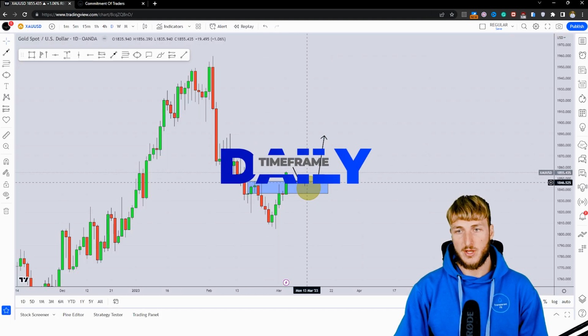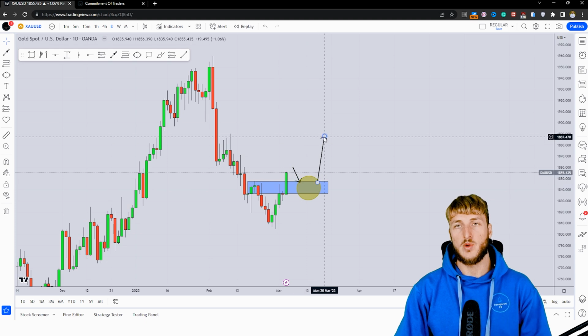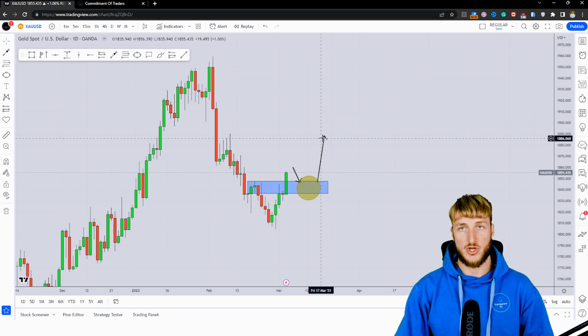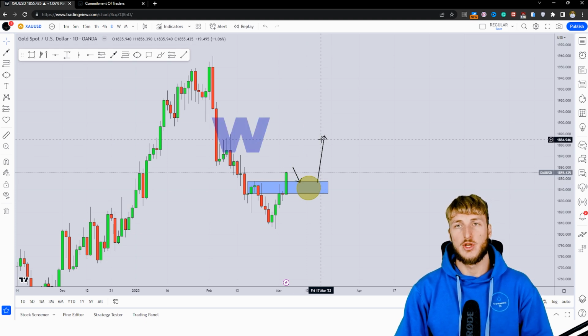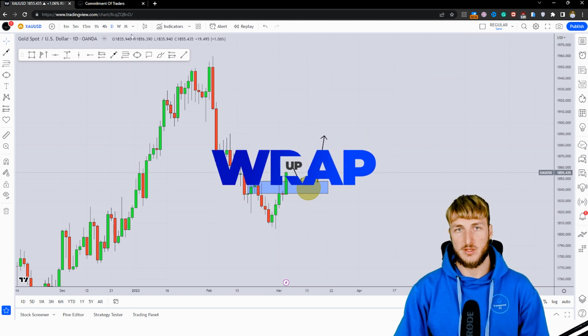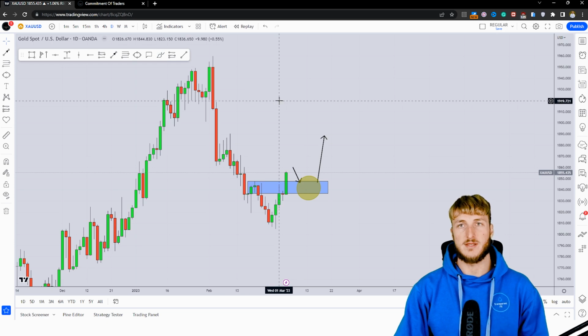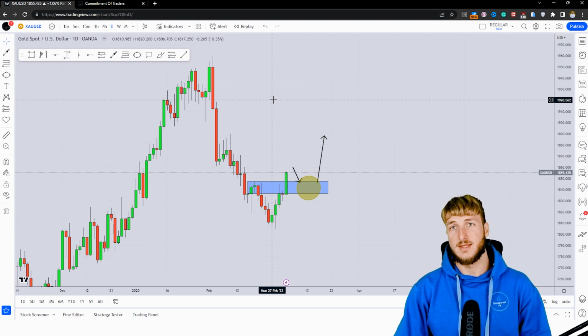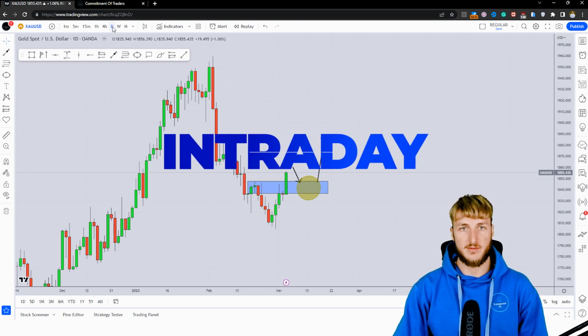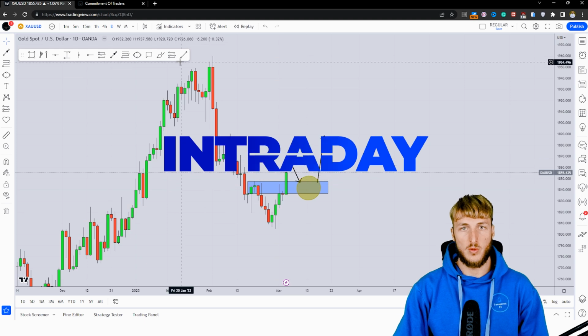So if the market will now go and retest this level, we could be approaching a potential rejection to the upside. Now, as usual, trading is reactive and not predictive. The monthly, weekly, and daily combined with the COT data, those are the best time frames from a directional perspective. However, when it comes to confirmations and entries, the best time frames are the intraday time frames, so 4 hour and lower.